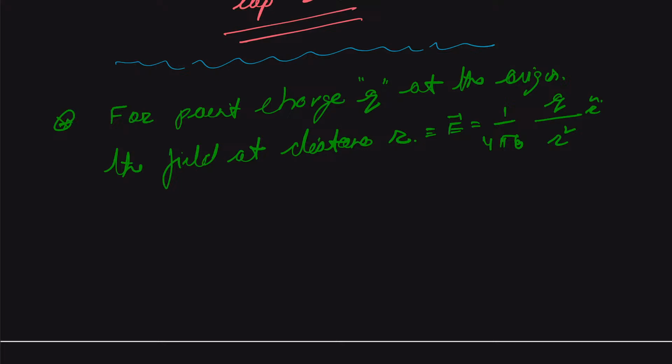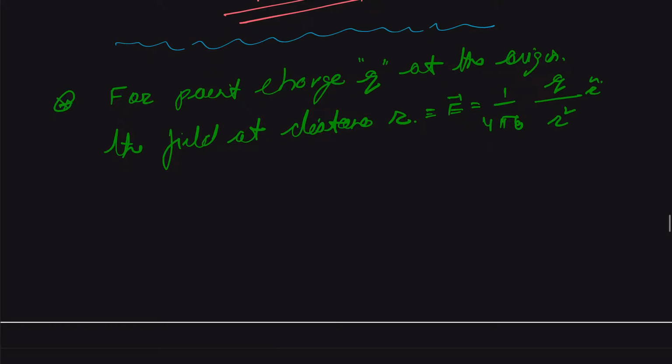Let us draw a circle, and this is the axis of the circle. It is having a charge q, and the distance is L, and the radius is A, and this angle is theta.